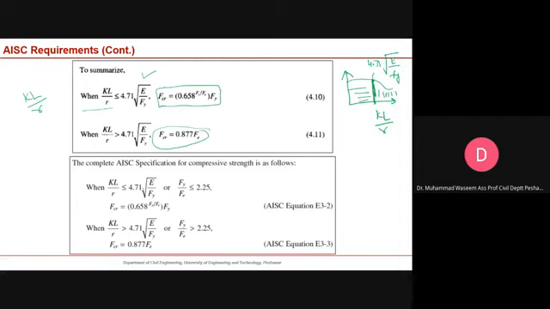Now the complete formulation is the same thing repeated here. This equation can be simplified by just calculating the Fy by Fe value.